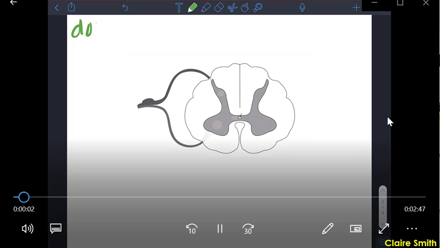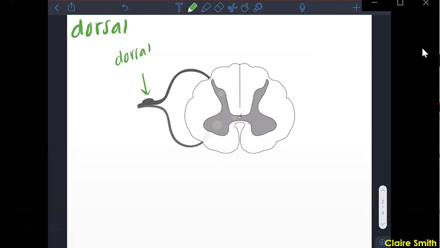Okay, reflexes. Again, if you're looking at a cross-section of the spinal cord, it's important to be able to differentiate between the dorsal and ventral side. The dorsal root ganglion, remember, is how we know that that side is the dorsal side. So the dorsal side is back there, and the other side would be the ventral side.